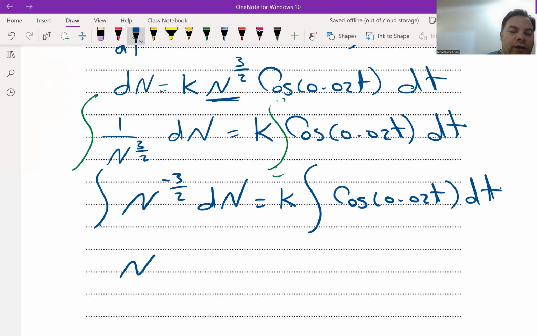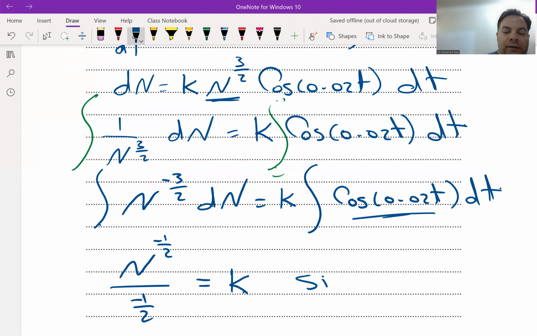We add 1: negative 3 over 2 plus 1 is negative half, divided by the new power, is equal to k. The integral of cosine is sine, times 1 over a, which is 0.02, sine 0.02t plus c.